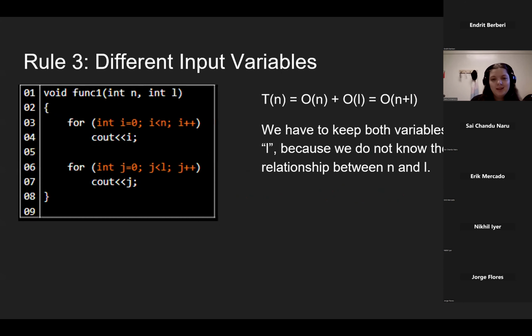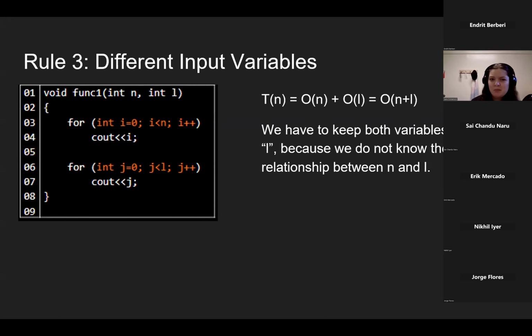Rule number 3. We've talked about it already. Good job, Brody. We've talked about it in rule number 1 already. But if you have different input variables that you cannot say grow the same way. So for example, let's say that you have a string and the length of the string grows at the rate of n. So let's say that our string length is n. And then you have some array that has possibly the length L. We don't know how those two relate.